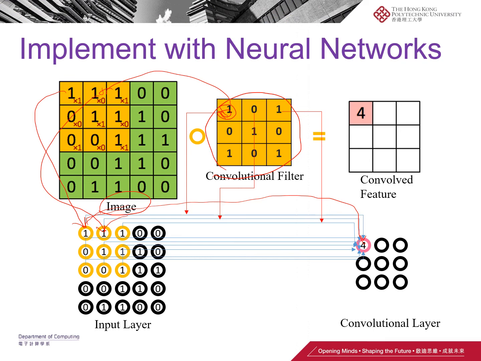Because the convolution process is very similar to what we are doing in the neural networks, by multiplying the value on the neuron by the value on the corresponding position, which is now the edge weight. Then the summation of the results will be put as the value of the neuron in the next layer. So it will be put to here.